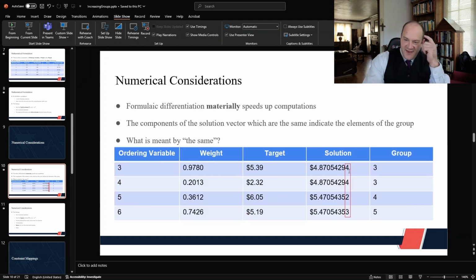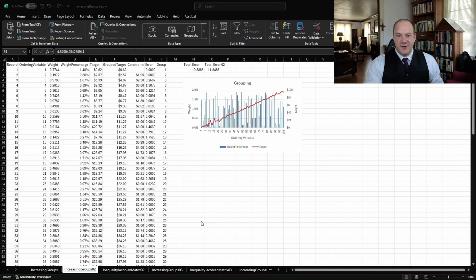At the 8th decimal point, records 5 and 6, things change. They're no longer, quote, the same. That's highlighted in the PowerPoint, but you see it directly in the Excel when you look at records 5 and 6: things are different there at the 8th decimal place.